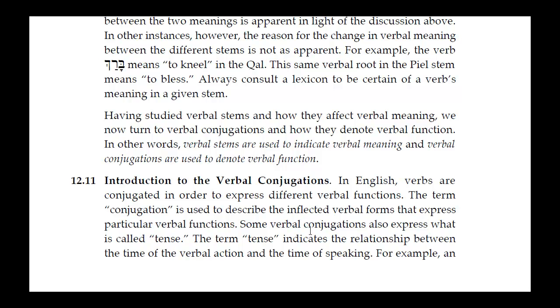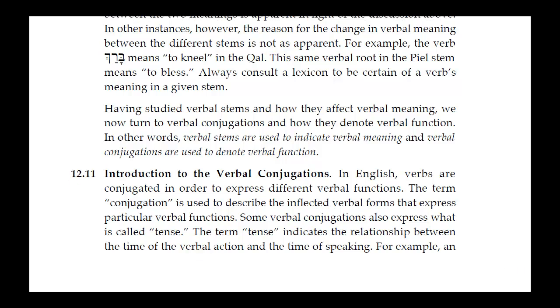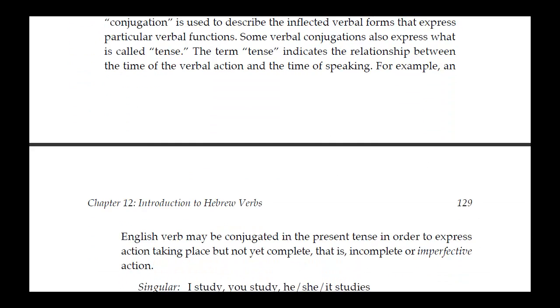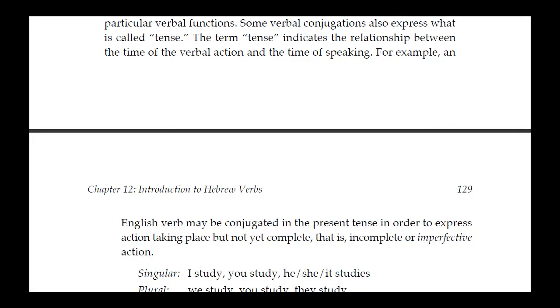That's the important word, verbal conjugations. The English verb may be conjugated in the present tense in order to express action taking place but not yet completed. That is an incomplete or imperfective action.